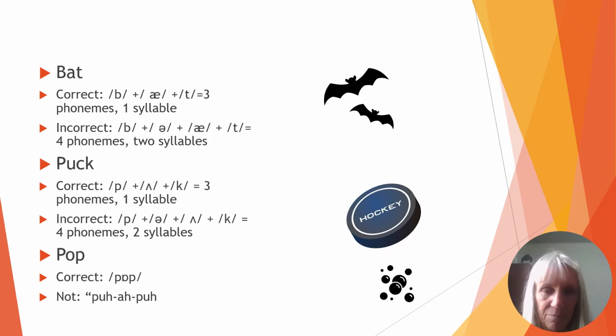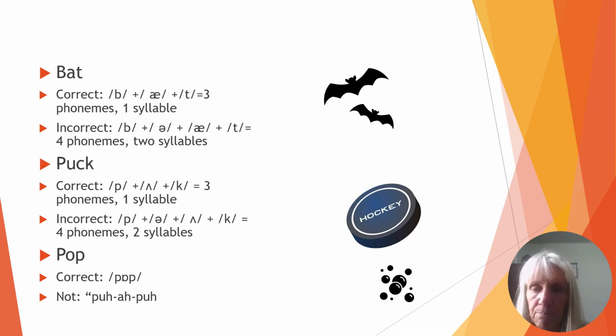Let's look at pop. Now, if I were to sound that out, I might say puh-op, incorrectly, I might say puh-op-uh. I'm adding a sound to the first P and an extra sound to the second P. And that's not how it's pronounced. I gave it 2 extra phonemes that time.